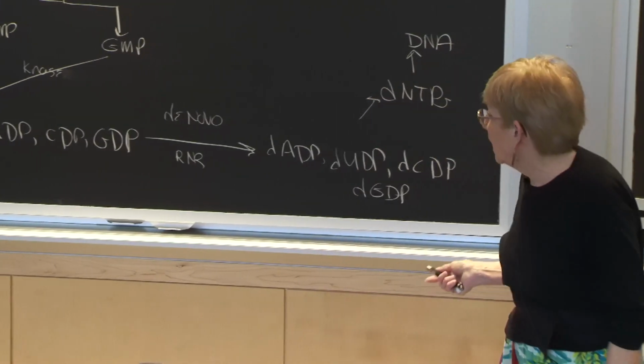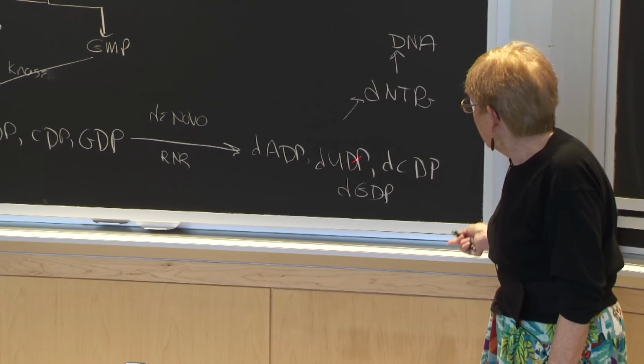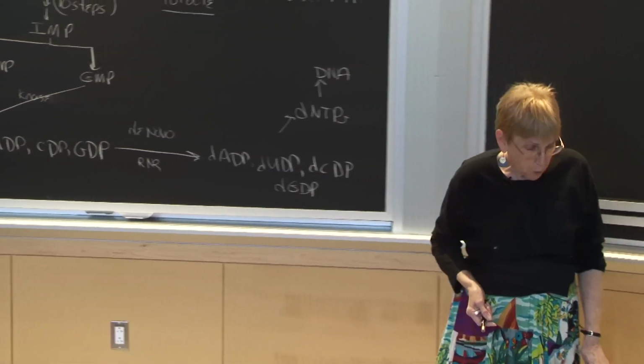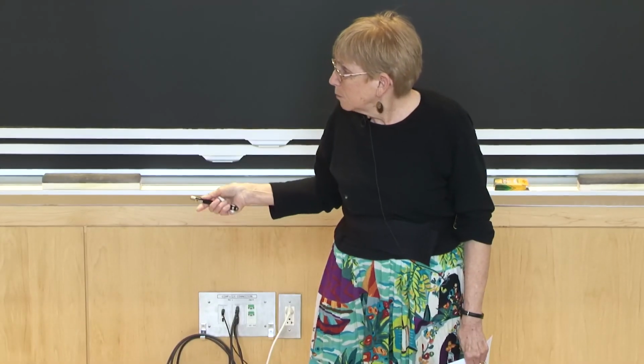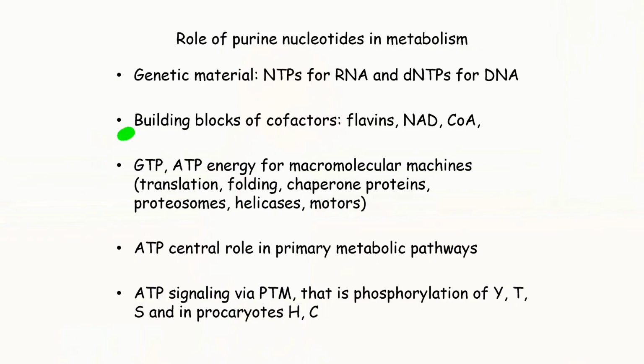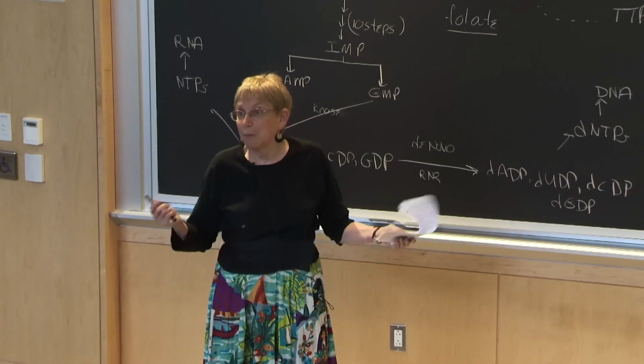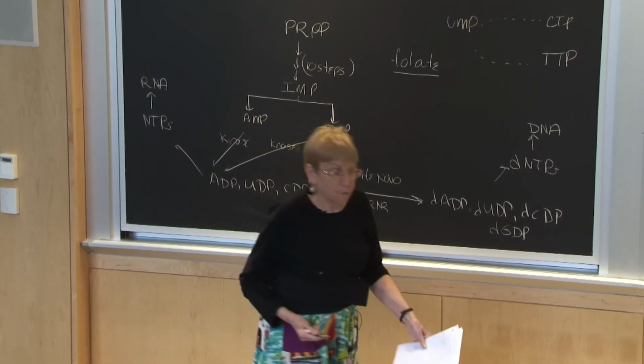And so fidelity of deoxynucleotide DNA replication is really important and regulated by ribonucleotide reductases. Okay, building blocks for cofactors. We've seen flavins, we've seen NAD, we've seen CoA. None of this is an accident. Adenine can self-assemble from cyanide and formate in the prebiotic world, and so that's why they're central to everything.